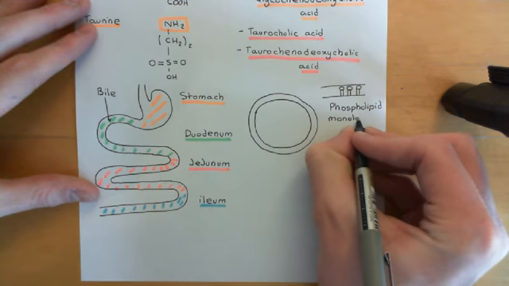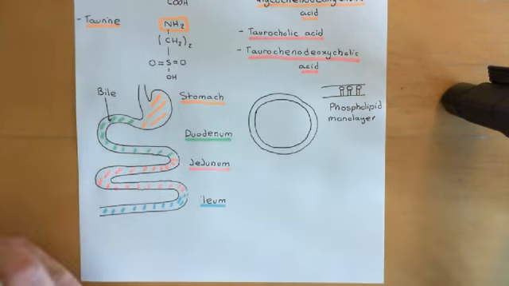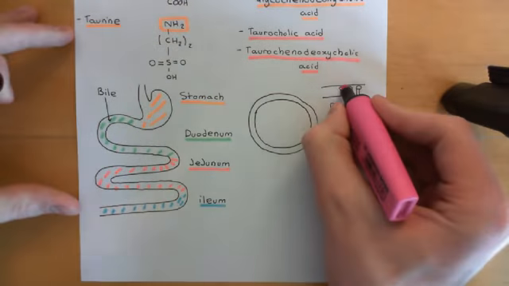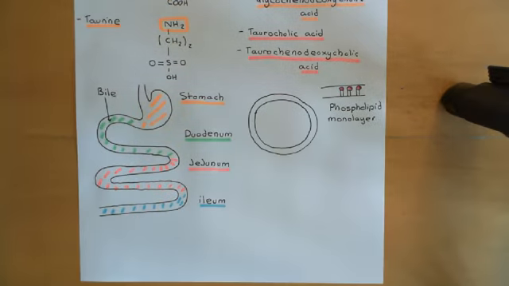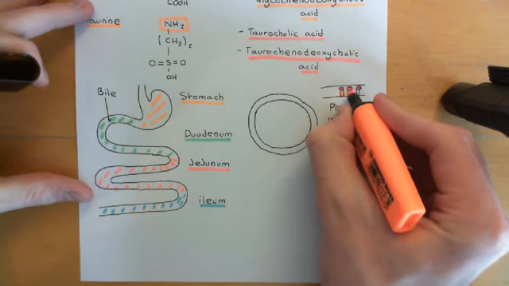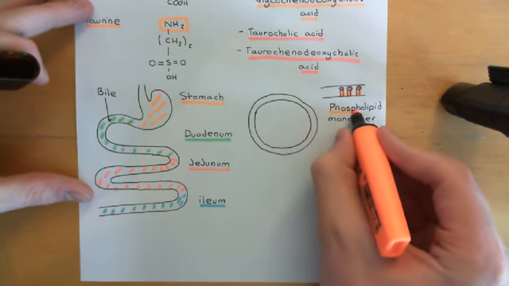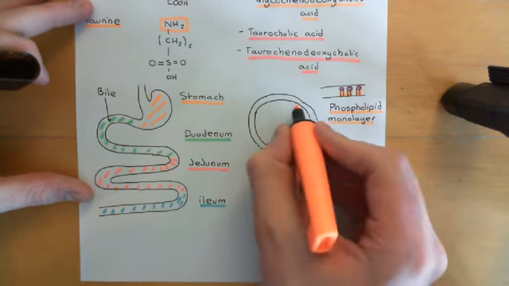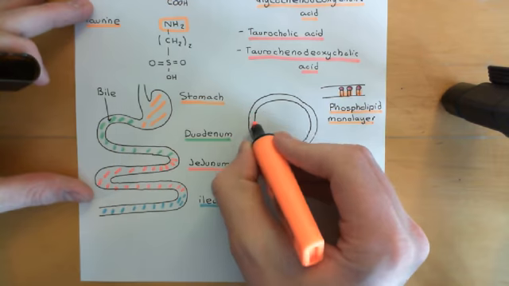Well, of course, outside of the fat droplet, you're going to have water molecules. Okay, so that's why you have these phospholipids forming this monolayer on the outside, so that these phospholipids can have their polar heads facing out to where the water molecules are, and then they can have their hydrophobic tails here facing into the core of the fat droplet here, which is where the really hydrophobic fat molecules are going to be.